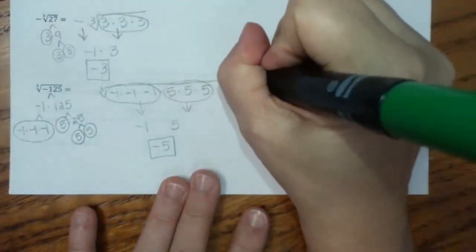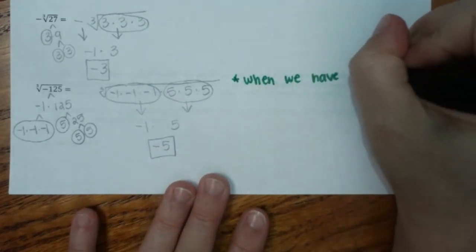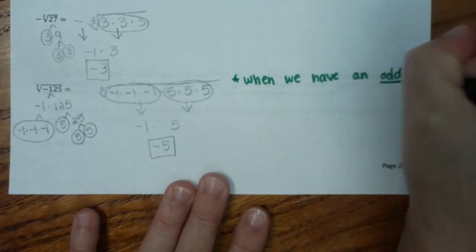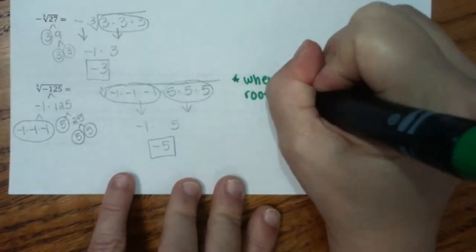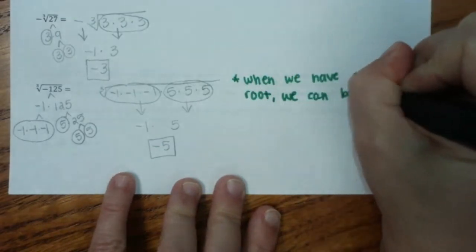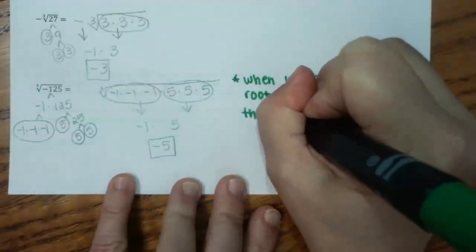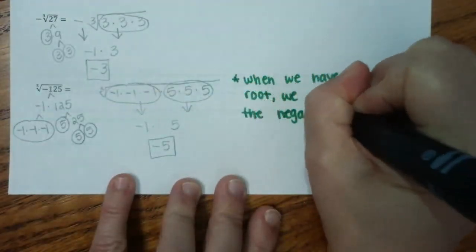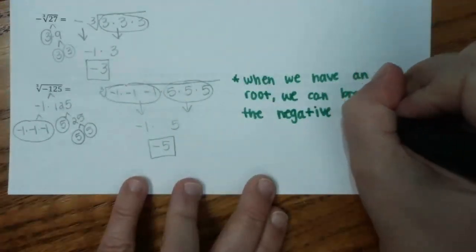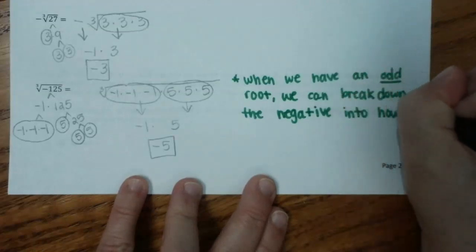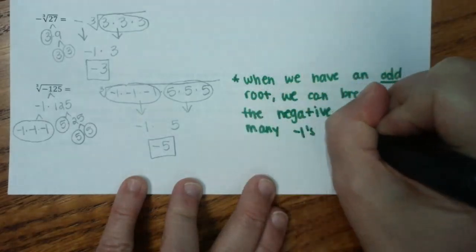So when we have an odd root, we can break down the negative into however many negative 1s we need.